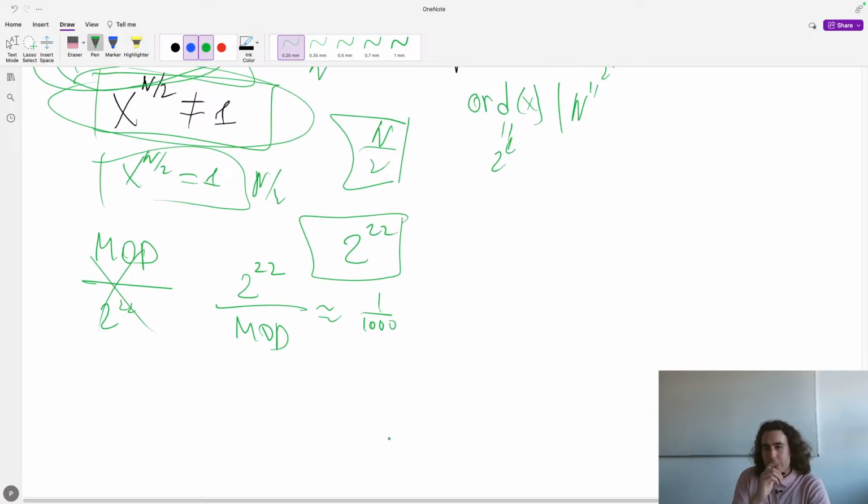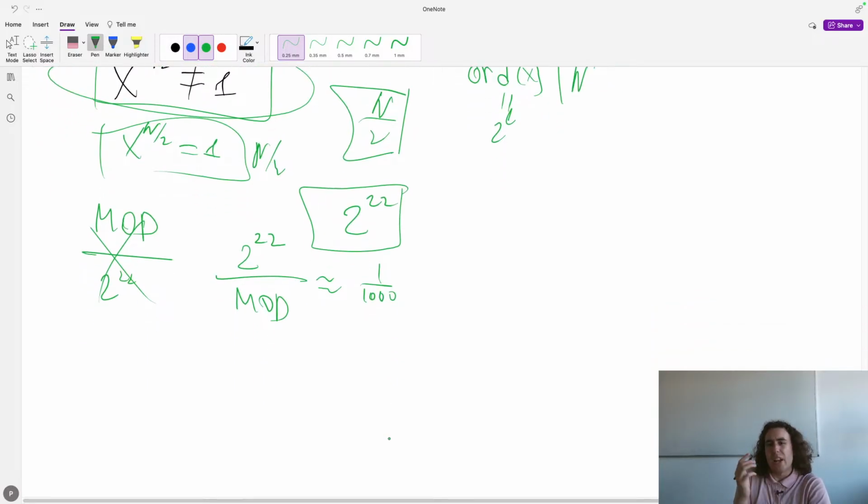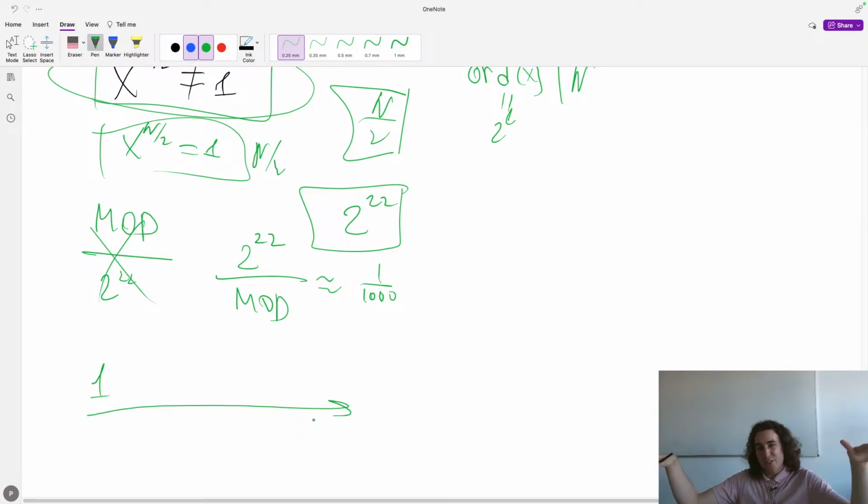But actually, you don't even need to check random ones. It turns out that you can actually go from 1, 2, 3, 4, 5 and check sequentially. And as it turns out, your roots are kind of randomly distributed. People don't know how to prove it, but if I remember correctly, if the Riemann hypothesis is true, then you need to check only like a polylogarithmic factor.